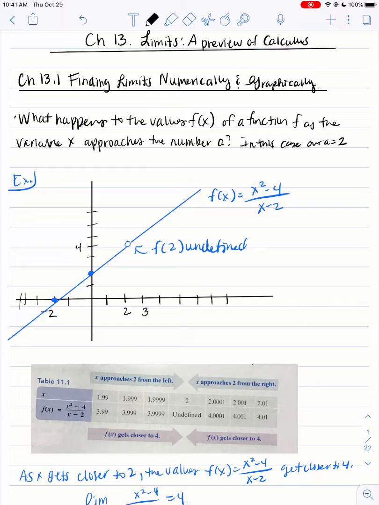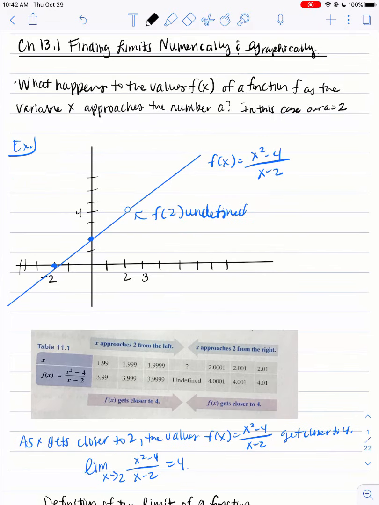So in this example, f of 2 is undefined, and our function is x squared minus 4 over x minus 2. We could look at x approaching 2 from the left, so we're getting super close to 2, but not quite at 2. So I have 1.99, 1.999, and 1.99999, and you could keep doing that forever.